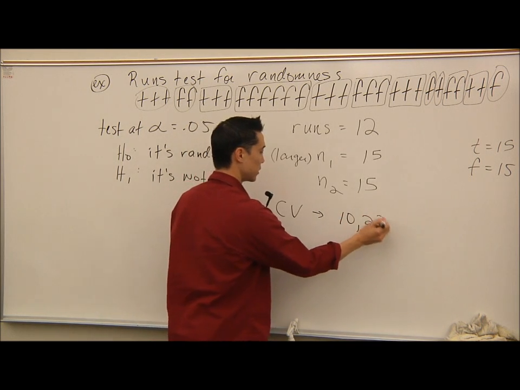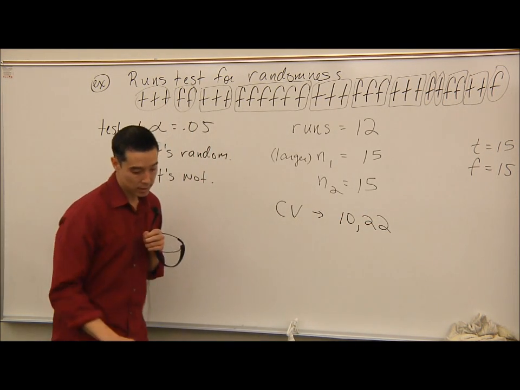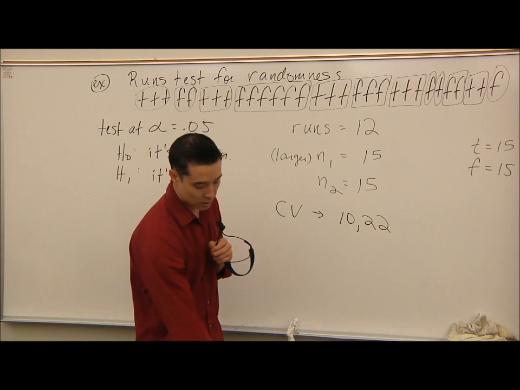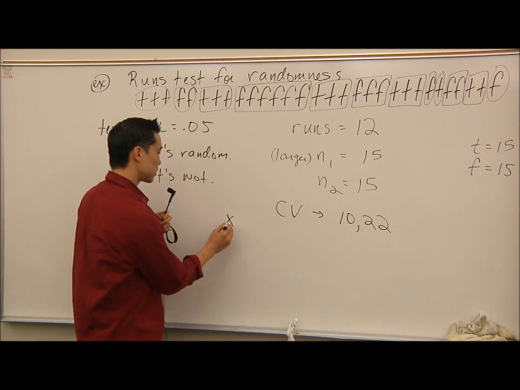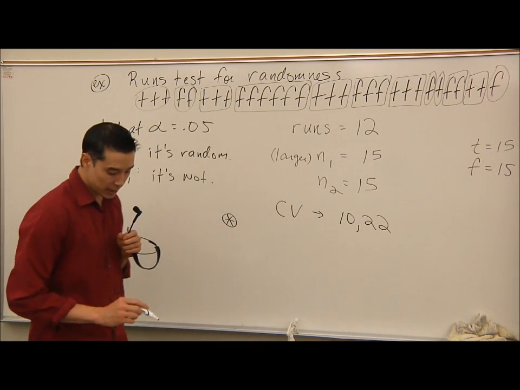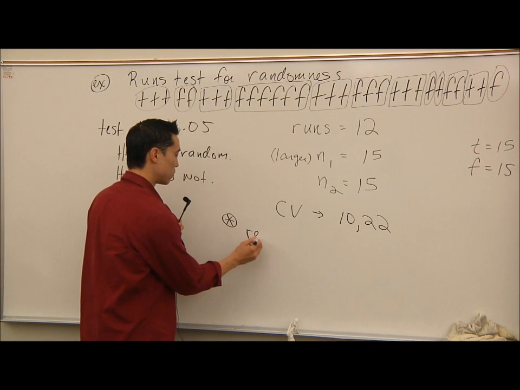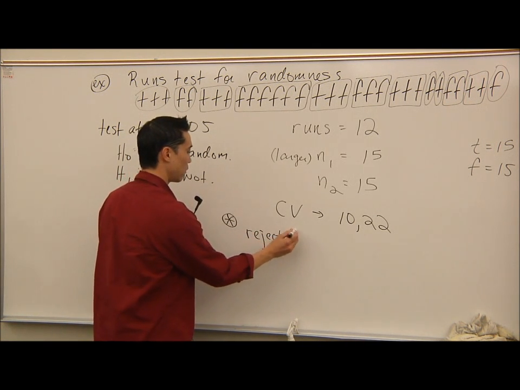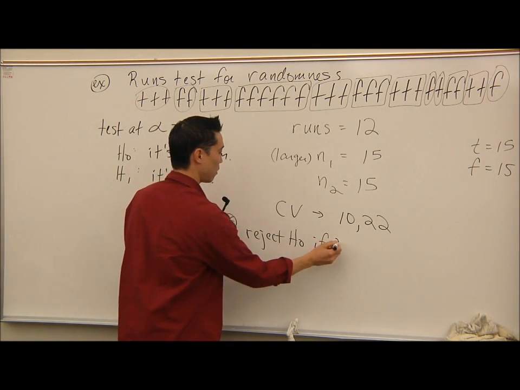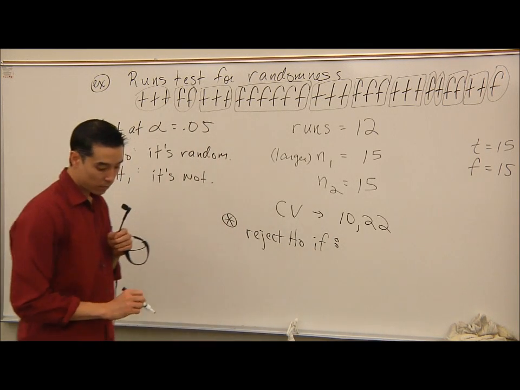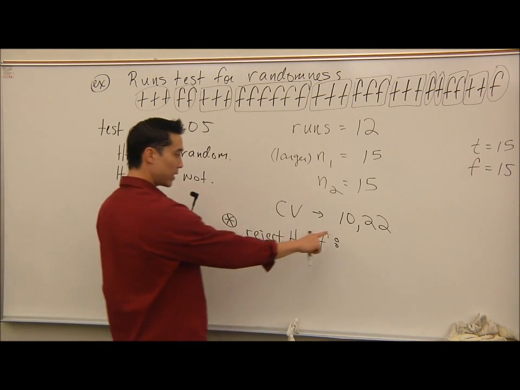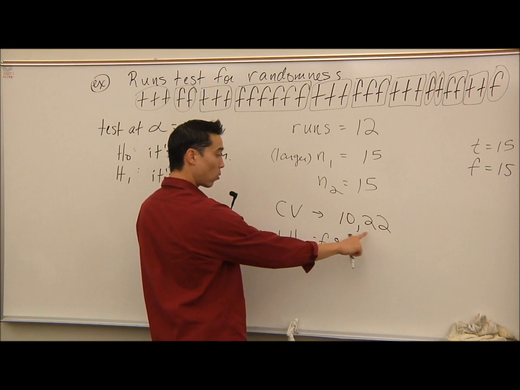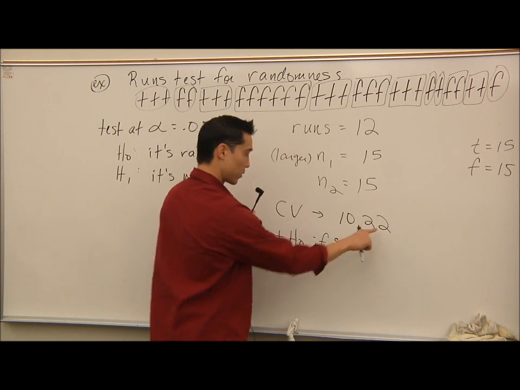10, 22. And here's your statement to decide whether you reject or not. So write this down in your notes. Star this. Reject H0 if the number of runs is less than or equal to this number or greater than or equal to this number. Okay?